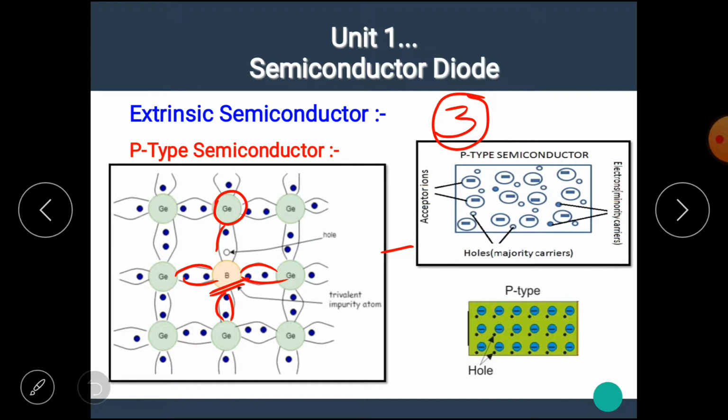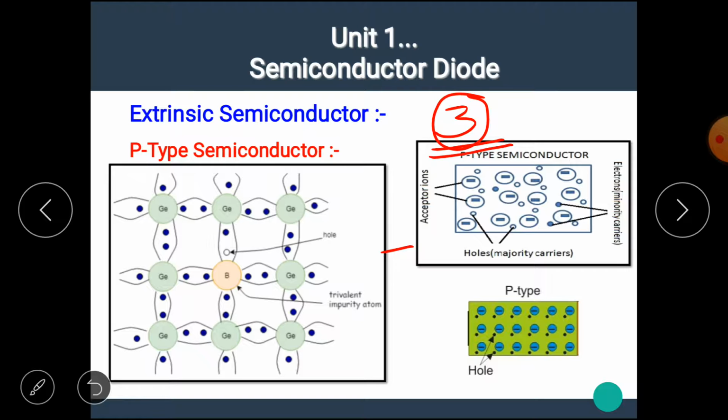What happens in p-type semiconductor material? Let's see once again. In p-type semiconductor material, trivalent impurities are added. Trivalent impurities means 3 electrons in the outermost shell.